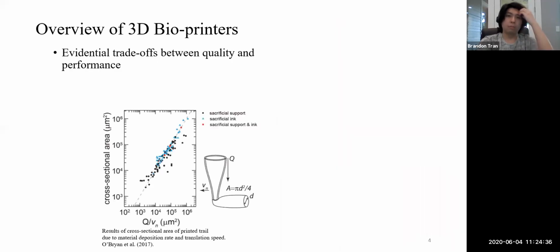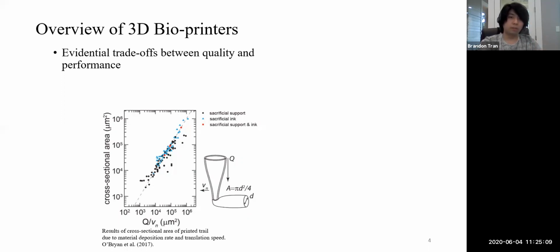So, another thing about 3D printers, at least for bioprinters, is that there's clearly a trade-off between quality and performance. I saw it as a consistent topic within the literature. Right here we have a graph of the cross-sectional area, the fineness of the part you're printing, versus the rate at which you're injecting substance into the medium and how fast you're translating the capillary tip.